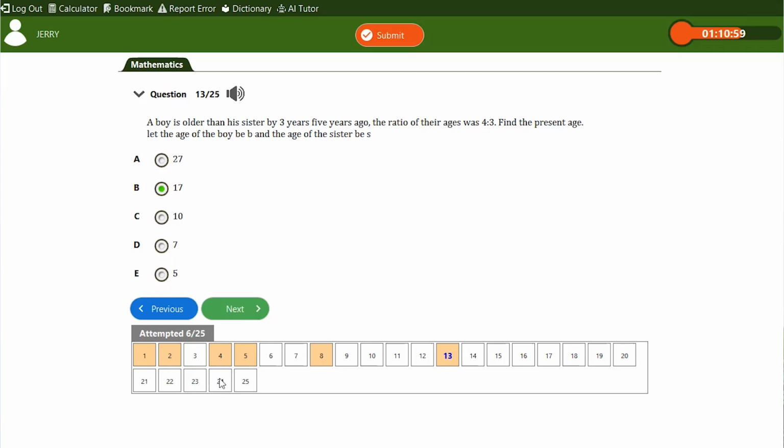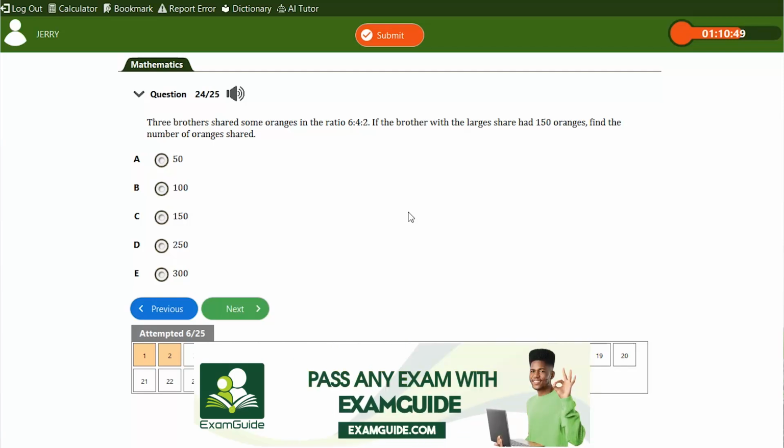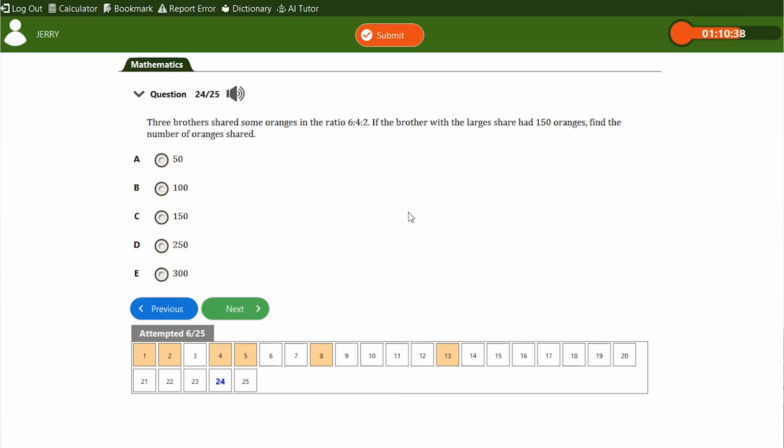And maybe let's look at the last one. Let's look at something else. Then they said 3 brothers shared some oranges in the ratio 6:4:2. If the brother with the largest share had 150 oranges, find the number of oranges shared.